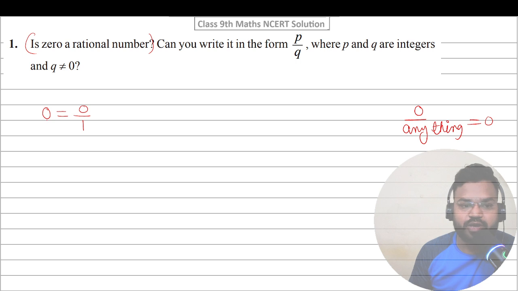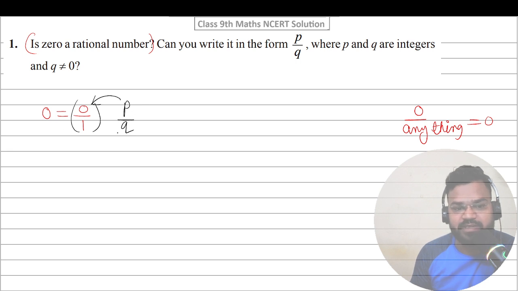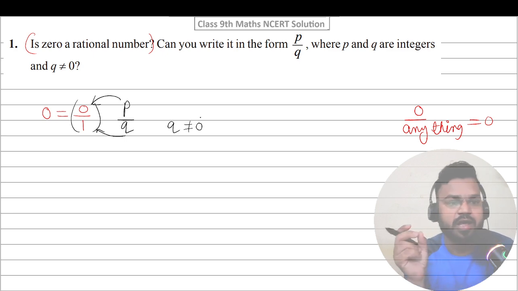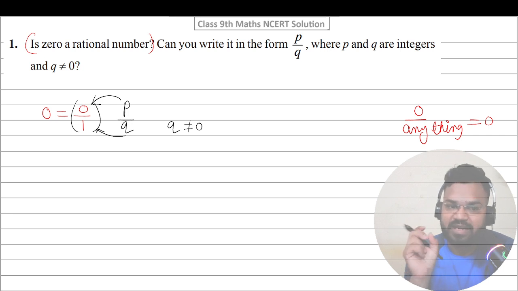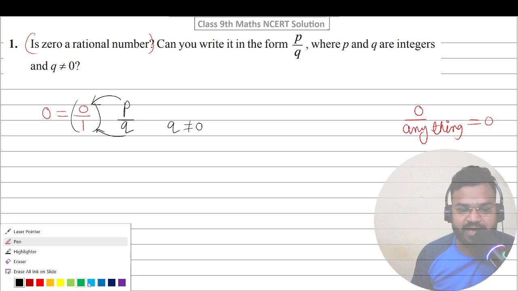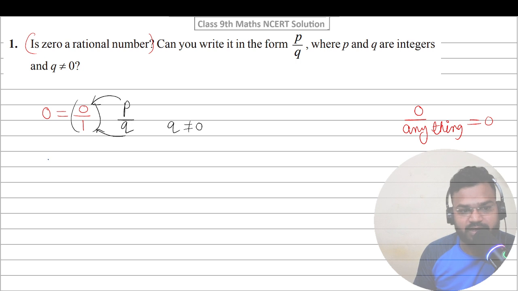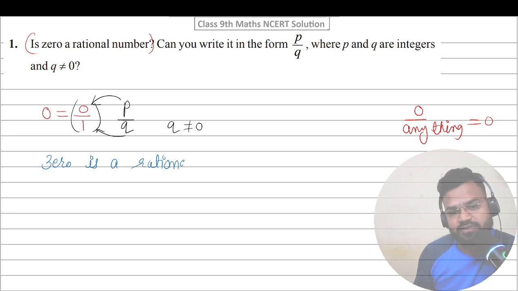So you can rewrite 0 as 0 by 1, which is the form of p by q, where p is 0 and q is 1, and q is also not equal to 0, which satisfies the definition of a rational number. That's why 0 is a rational number. So your final answer will be: 0 is a rational number.